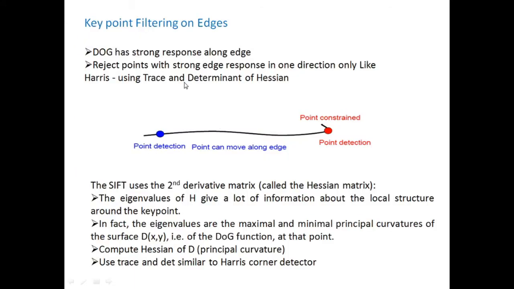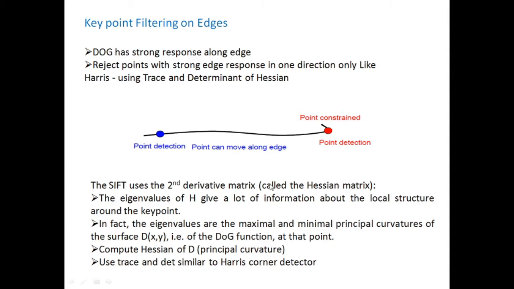The key points residing on the edges are also to be discarded, because they are not considered salient points. As we know, edge pixels will have high contrast in one direction, which means the edge pixels may have low contrast in the other, opposite direction.